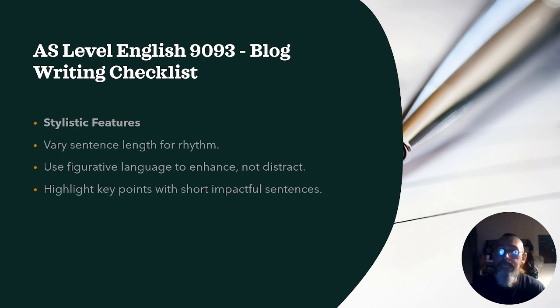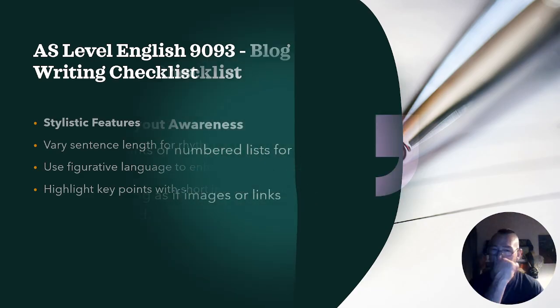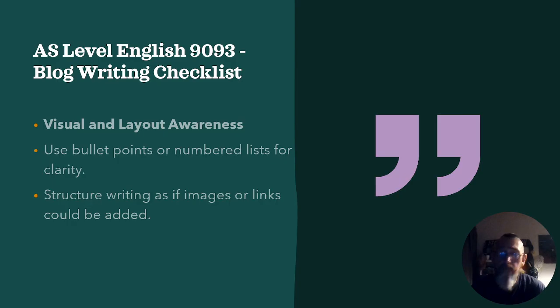Highlight key points with short, impactful sentences. Bullet points and numbered lists are absolutely fine. Don't forget to write a hyperlink. You can even put it into your text if you're going to speak about a hyperlink. It's simple, just the HTTP, the colon, //. It doesn't have to be real.